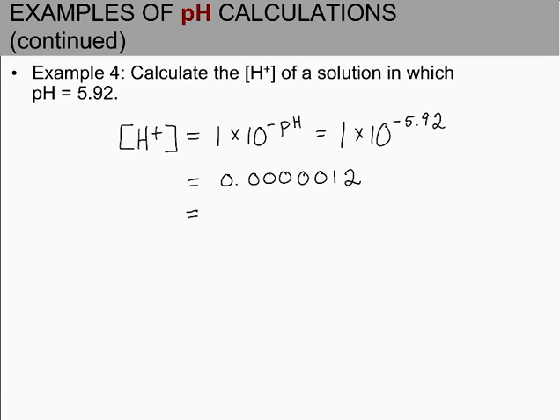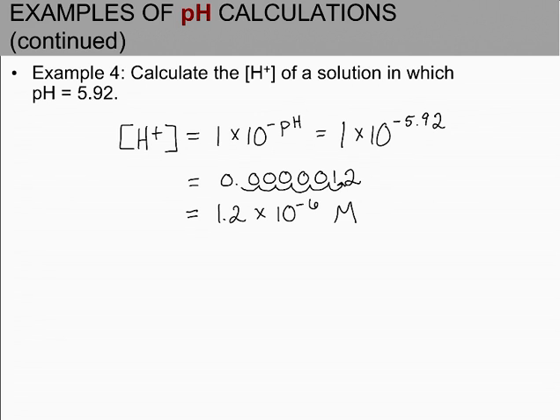So remember, the coefficient should always be between 1 and 10 or equal to 1. So we want our coefficient to be 1.2. And then we have to move our decimal 1, 2, 3, 4, 5, 6 places. And this is a small number, so our power of 10 will be 10 to the negative 6. And then our unit is moles per liter.